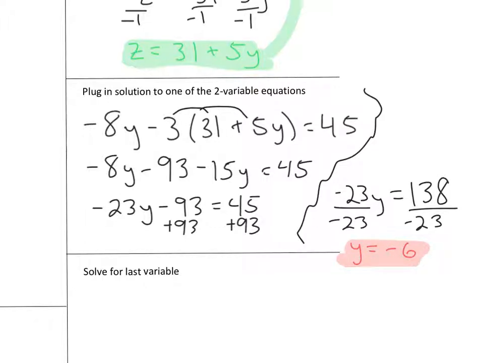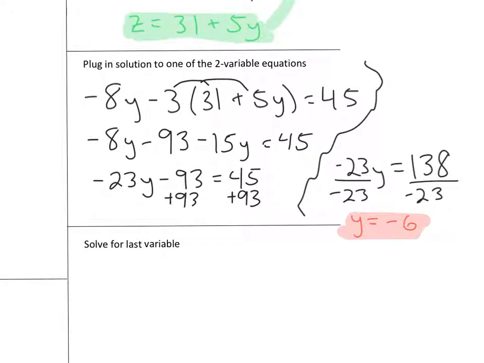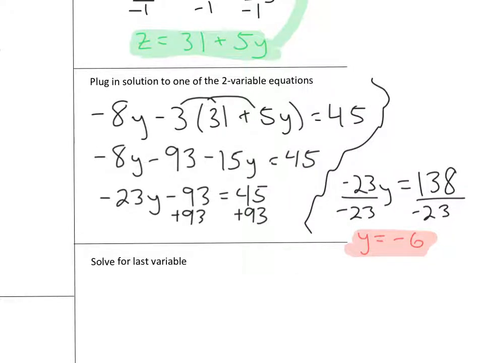Now, what we're going to do is use this red piece, and we're going to plug it into the green. Because if I plug it into the green, you'll notice it's set up so I can find the z value. So let's go ahead and plug it in. I've got z is equal to 31 plus 5 times negative 6.